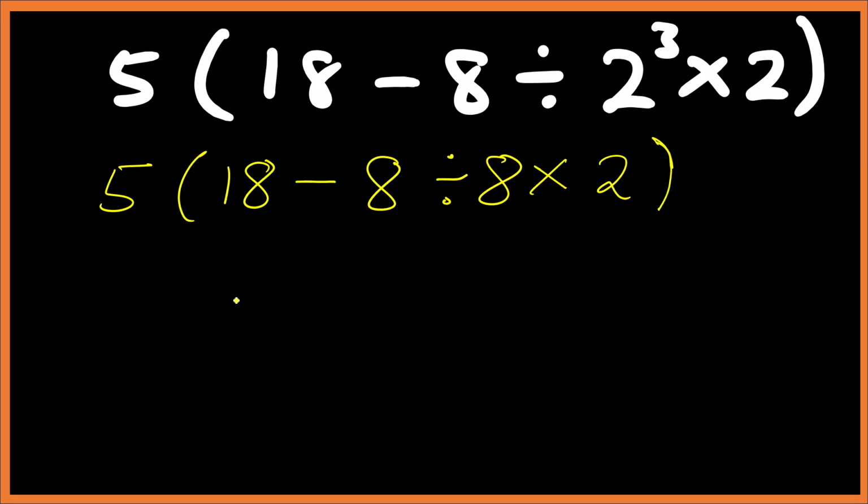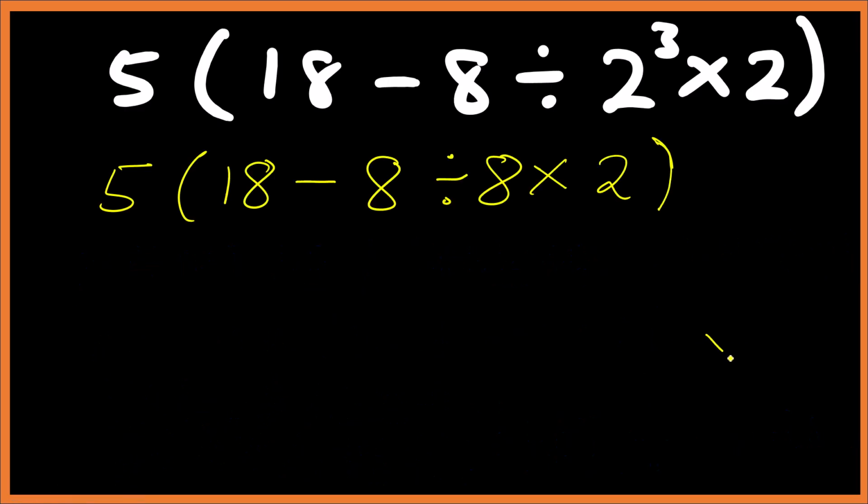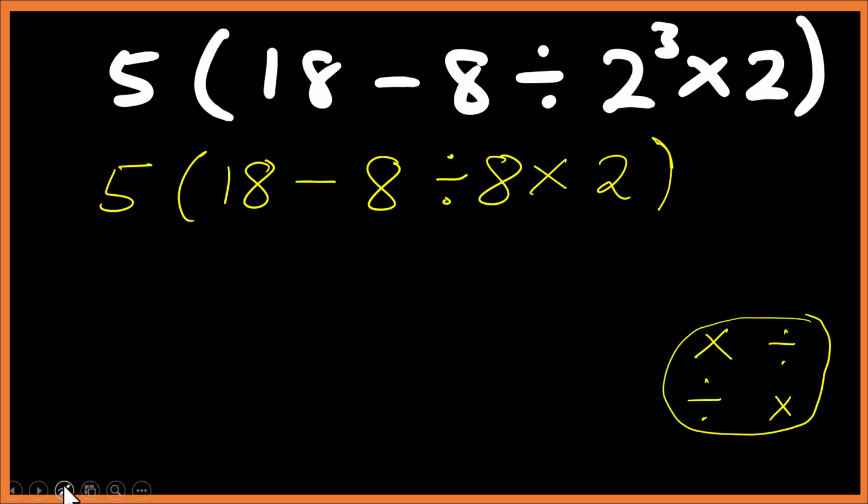That's nicely done. Now let's observe the second operation. We have multiplication, division, or division, multiplication. So we call this same precedence. So look, we have division here and we have multiplication here. So I'll start from the left. Forget about the minus.